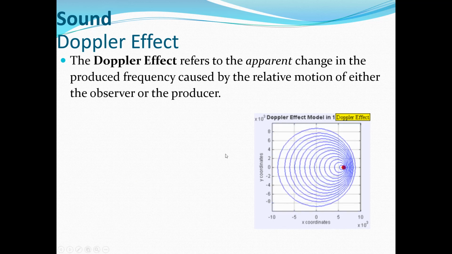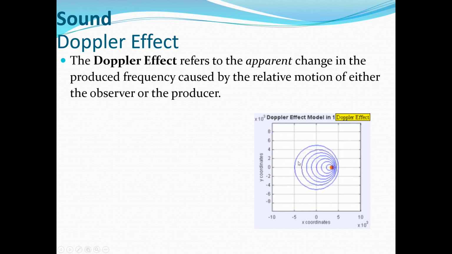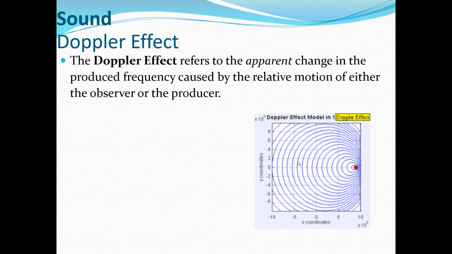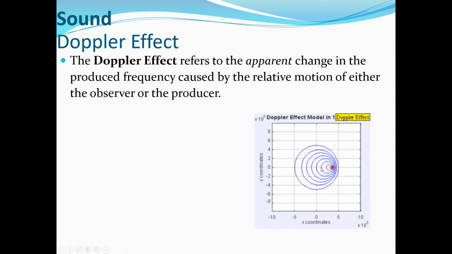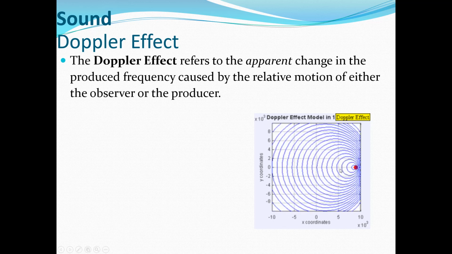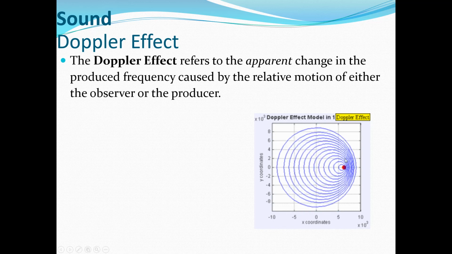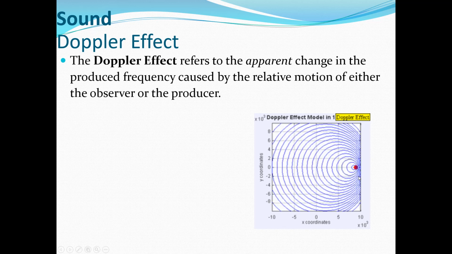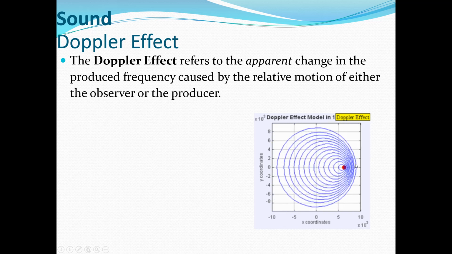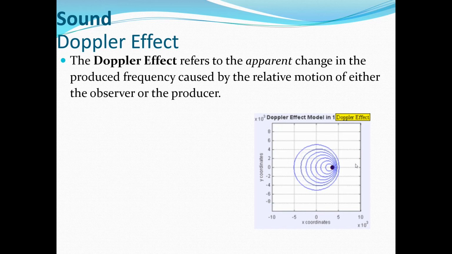So you can actually see it a little bit here. I don't have the animation from before, but this is creating sound at a very constant rate. But because it's moving at a relatively fast speed compared to the speed of the wave, the next time a wave is produced, it's actually closer to the first wave it produced. So the wavelength actually gets bunched up together. And then on the back, it does the opposite.